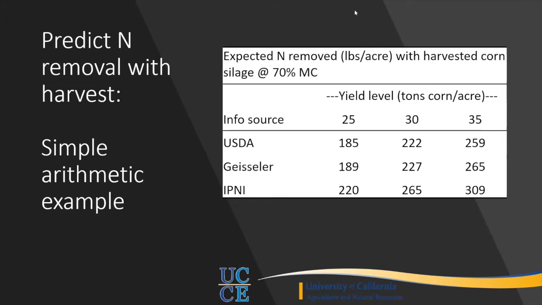For instance, for 30 tons of corn, as reported in the Daniel Geisler report, you would expect that 227 pounds of nitrogen would be removed every acre for a 30-ton corn yield.